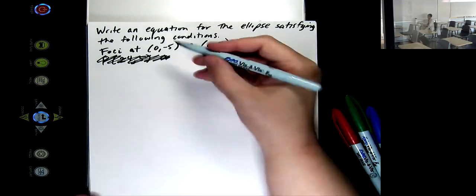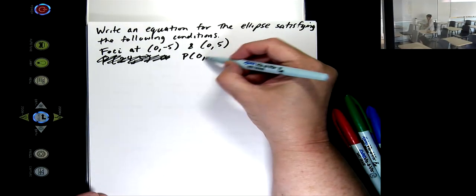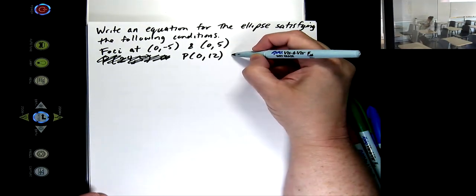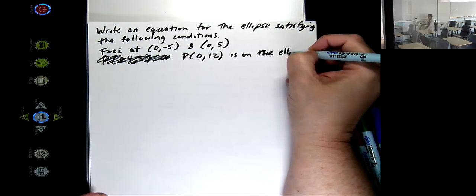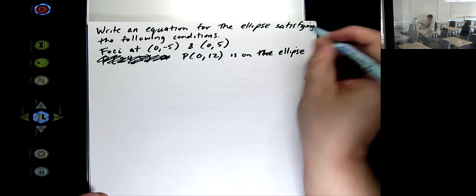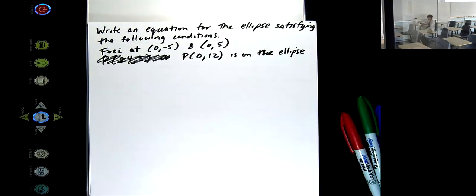Let's put the point 0, 12 on the ellipse. When you're looking at the homework on that one later on, I know this is from the problem. Do ask my instructor, send it to me, because I'm curious what the problem was.